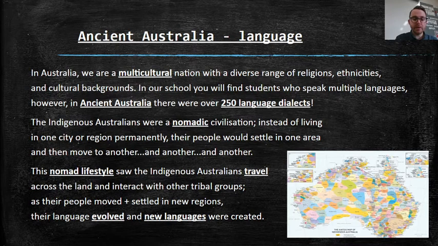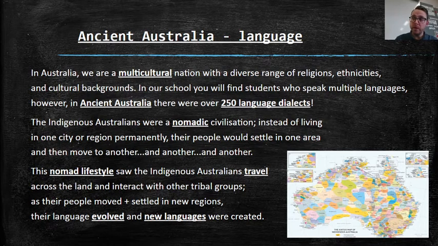This nomad lifestyle saw the Indigenous Australians travel across the land and interact with other tribal groups. As their people moved and settled into new regions, their language evolved and new languages were created. So basically they would start off in this part of the country with one language, and then they would move to another part of the country. They would meet other indigenous tribes and they would say, oh, I like that word, that's our word now.